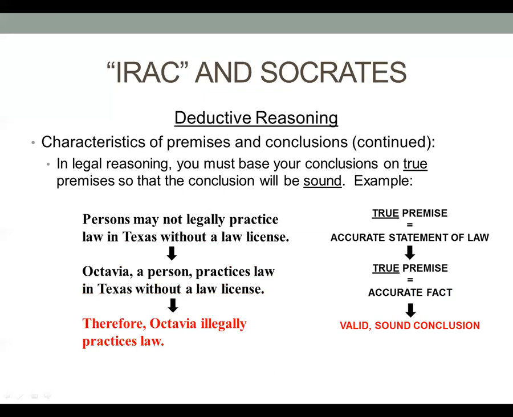And that is the type of reasoning you need to be sure you use in the legal profession. And it's also true in any other type of reasoning you do in your life. But in the legal profession in particular, it is absolutely essential that your reasoning is careful and accurate so that your conclusions are both valid and sound.